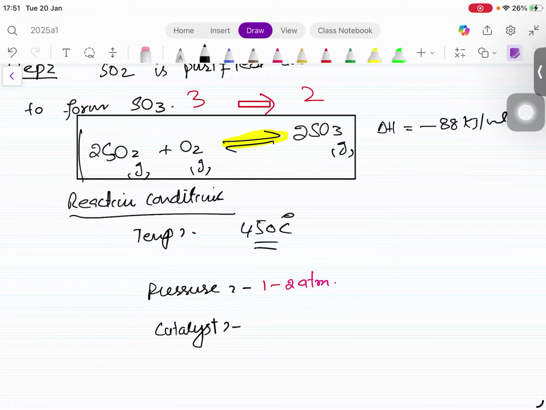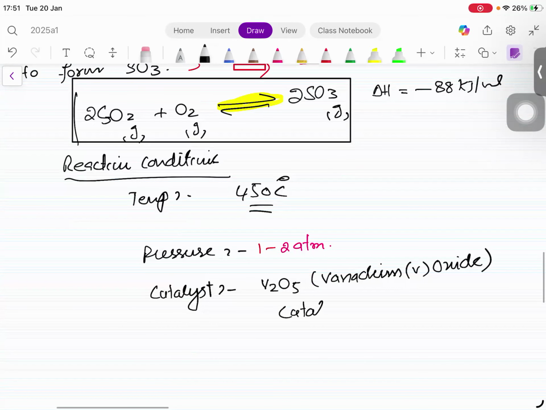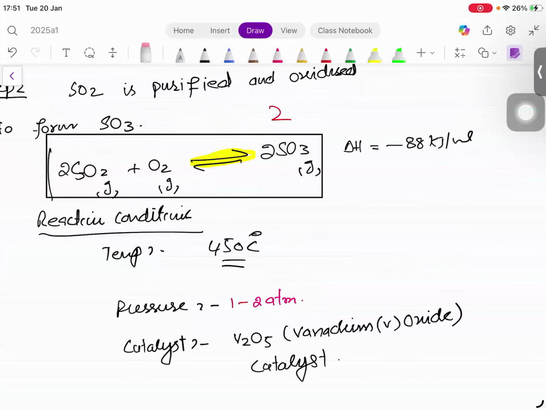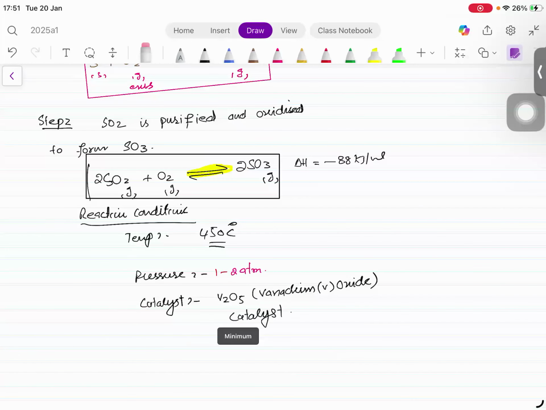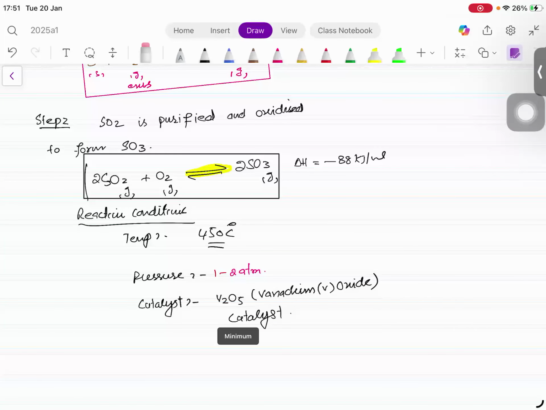The catalyst is V2O5, vanadium 5 oxide. Got it? So these are the 3 conditions for step 2.